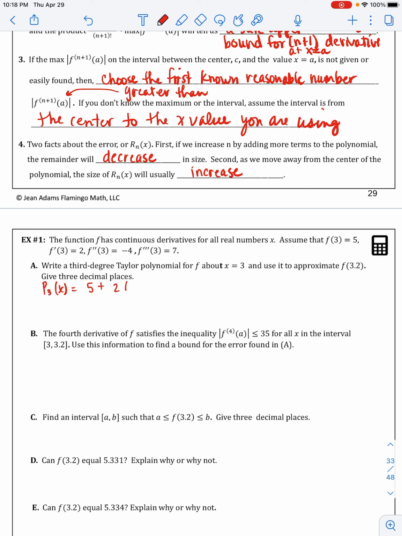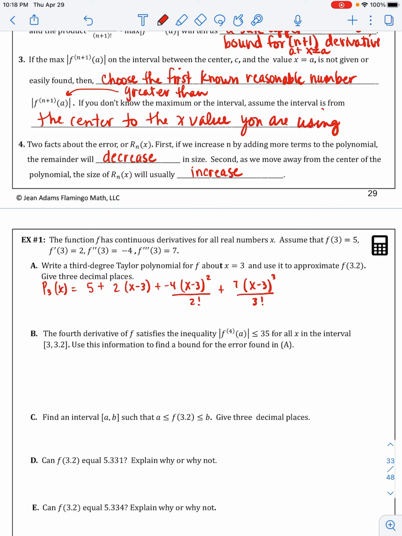Give 3 decimal places. So I'm just going to call it polynomial sub 3 of x. And I know that my f of 3 is 5 plus my f prime of 3 is 2 times x minus 3. And you could put it over 1 factorial if you want to. Plus, my f double prime is negative 4 times x minus 3 to the second over 2 factorial.